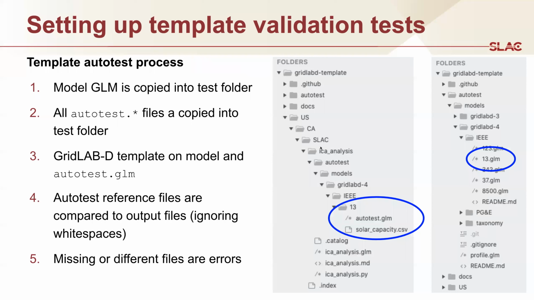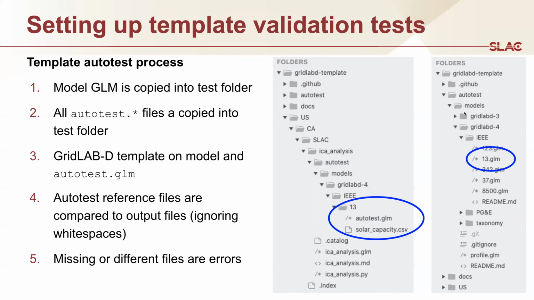You can see that any use case that we have has a template associated with it. And so this is the integration capacity analysis use case. If you create an autotest folder in there, and you create a corresponding test folder that matches the autotest models folder.